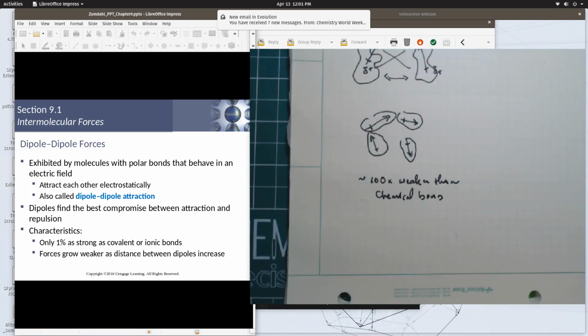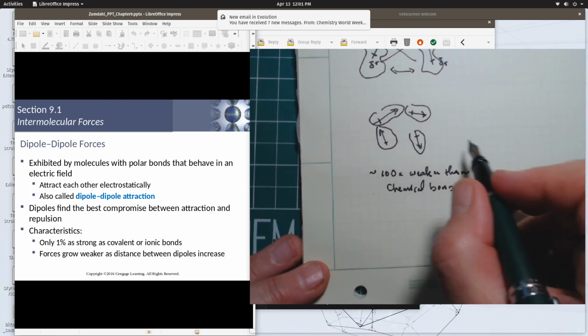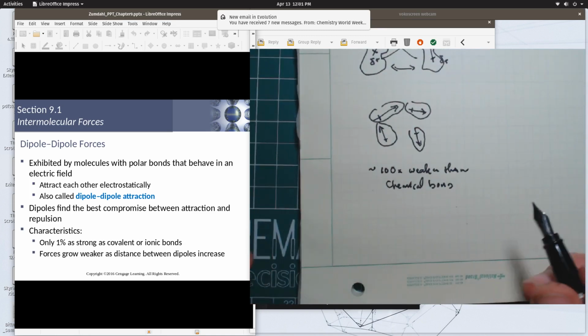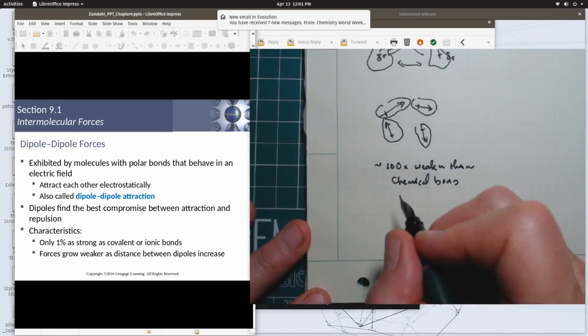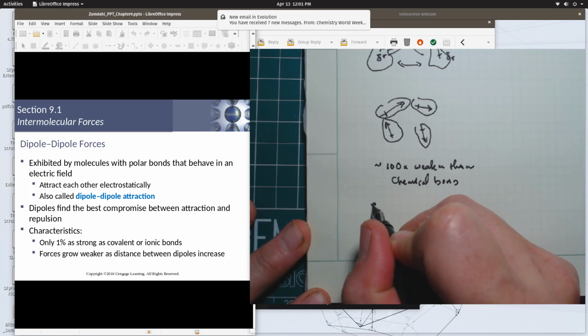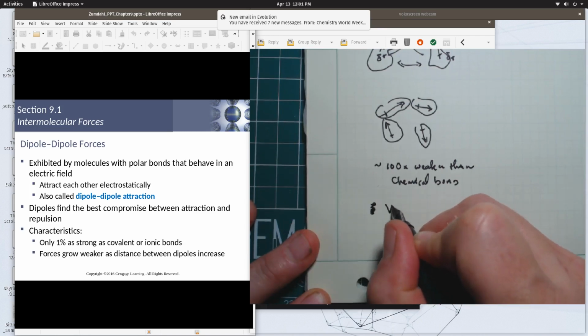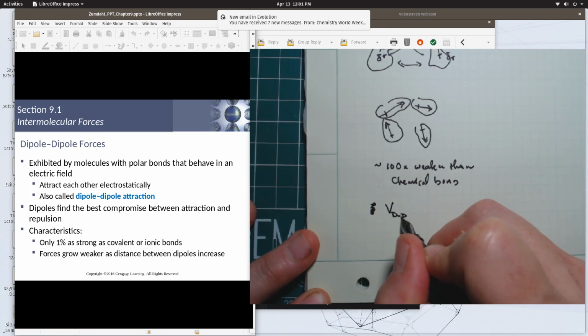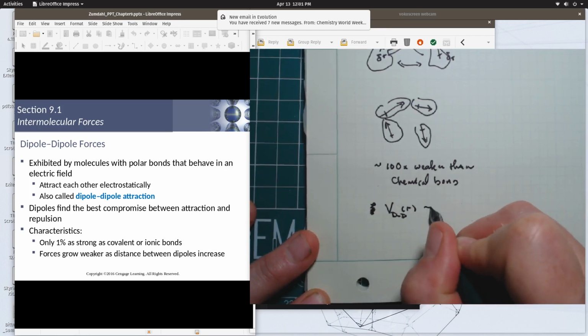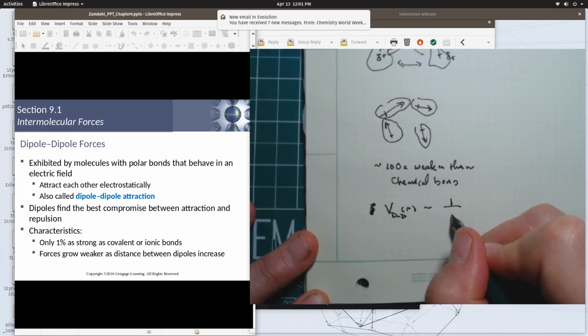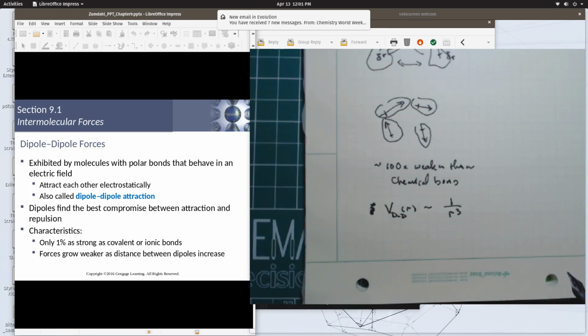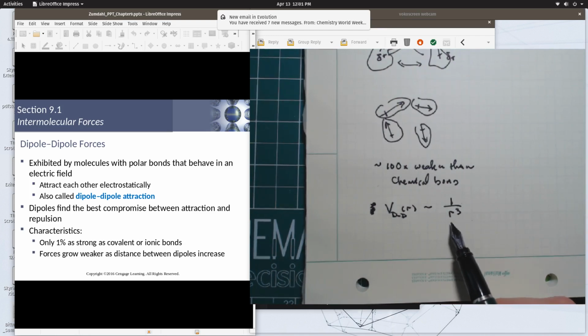About 100 times weaker, and the force decreases with distance. Specifically, the interaction energy, let's say V dipole of R, goes something like 1 over R cubed. So it decreases as 1 over R cubed, a little faster fall off than the Coulomb.